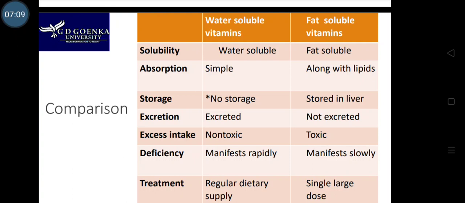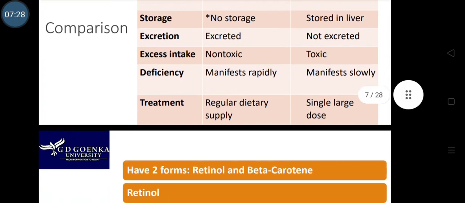Now what is the treatment for water soluble vitamin deficiency? If the doctor advises, you can take a regular dietary supplement or a capsule. For fat soluble vitamins, you can take one single large dose and get cured.